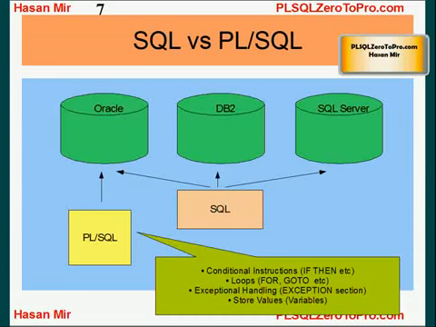You can do exception handling, like if this error occurs then do this, if that error occurs then do that. You can store values in temporary variables, so that one instruction can store a value that other instructions can read. So you can write a group of instructions dependent on each other, like a full programming language. That's what PL SQL can do. PL SQL comes in when you need to perform complicated tasks that are beyond SQL.